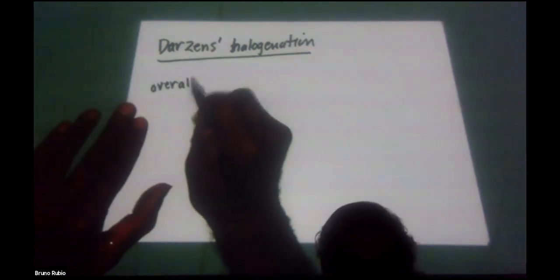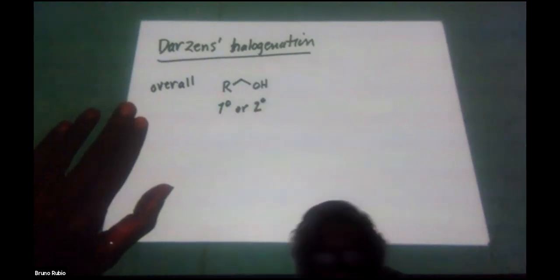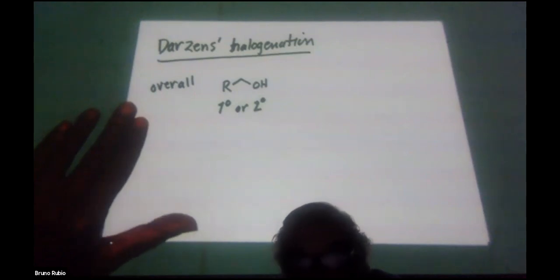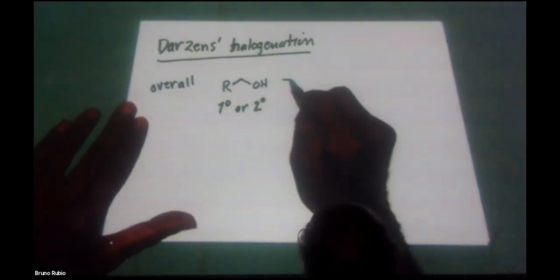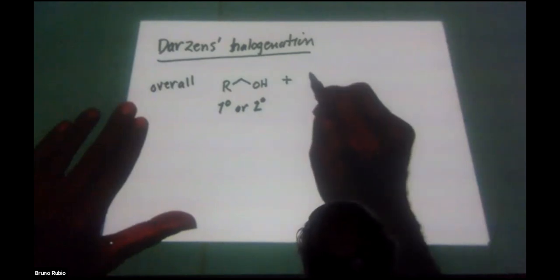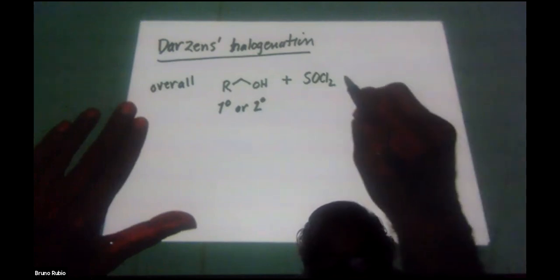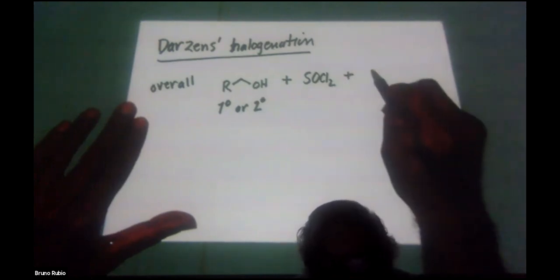Okay, and the overall reaction here is going to be the conversion of an alcohol. This must be primary or secondary, and it can never be tertiary. It has to be a primary or secondary alcohol. This reacts with thionyl chloride, SOCl2, and we also need pyridine.